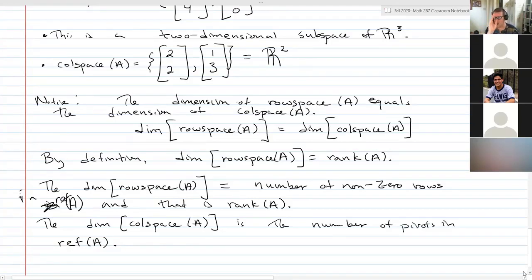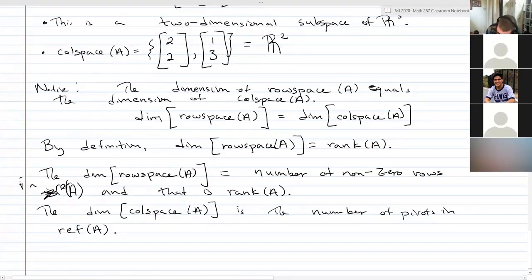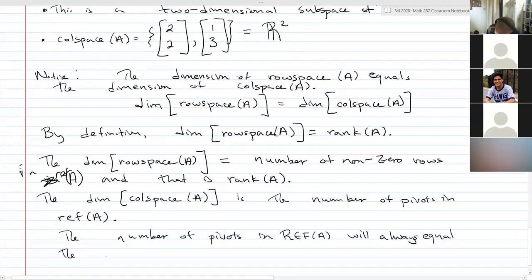So that dimension, the number of vectors in that basis, is going to equal the number of pivots. Well, the number of pivots in REF A will always equal the rank of A. Think about that. If we don't have a pivot inside of that row, the row's got to be a zero row.